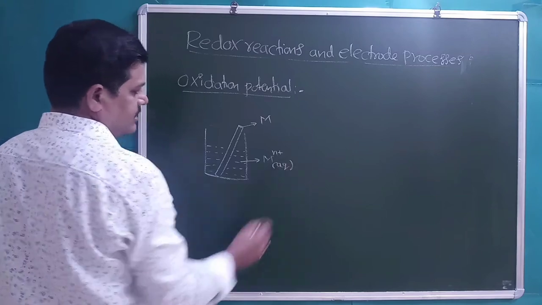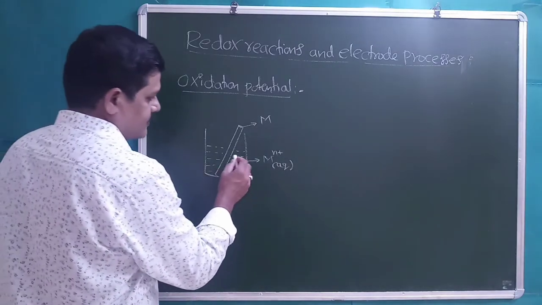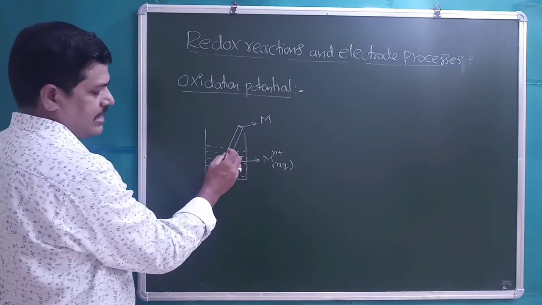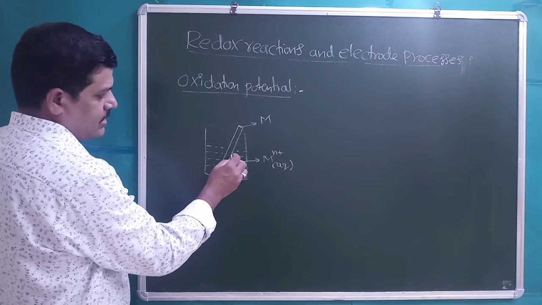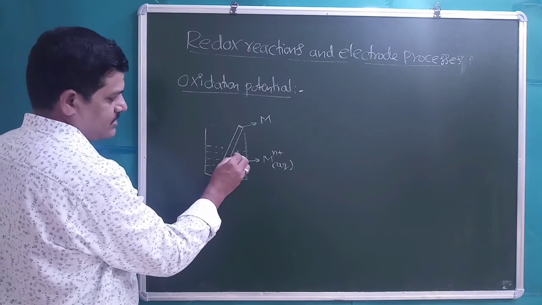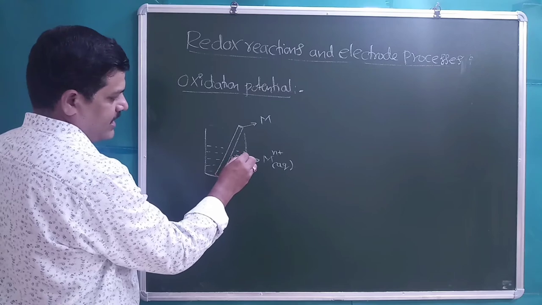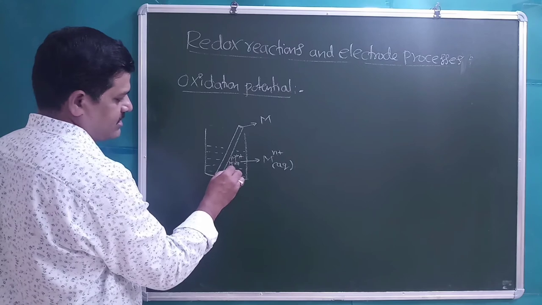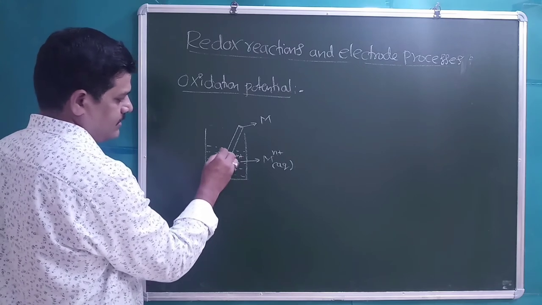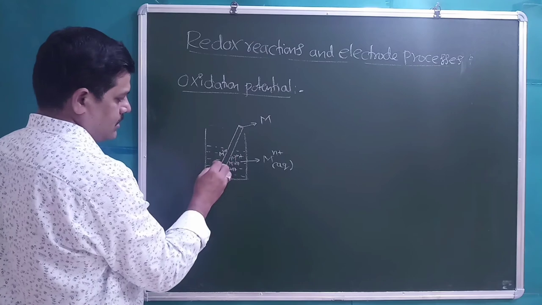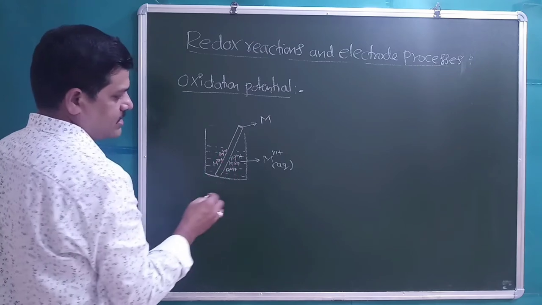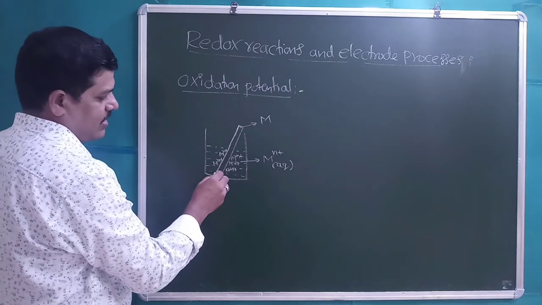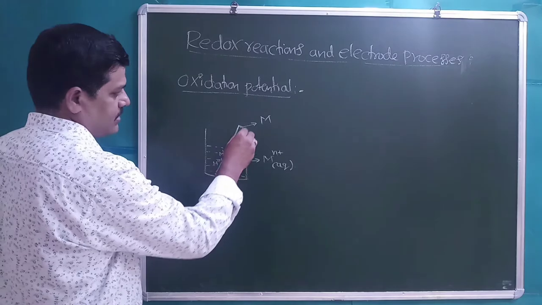This solution which contains ions, we can call an electrolytic solution. On the surface of the metal rod, many Mn+ ions are present, and the metal rod contains neutral atoms of the metal.